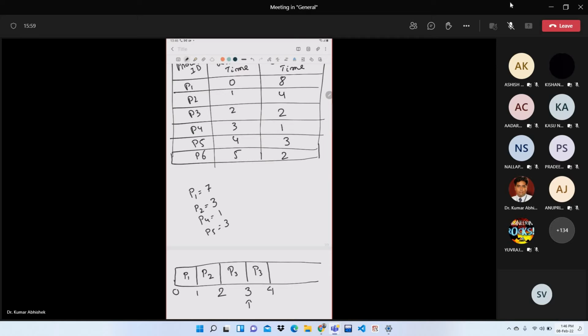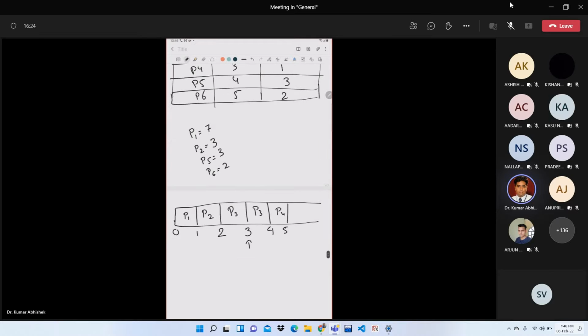Now what will happen? P4 will be executed till time 5. So P4 is also out. Now what do we have in the ready queue? We have P5 equal to 3 and P6 equal to 2. Now it will be in non-preemptive mode, just as SJF.